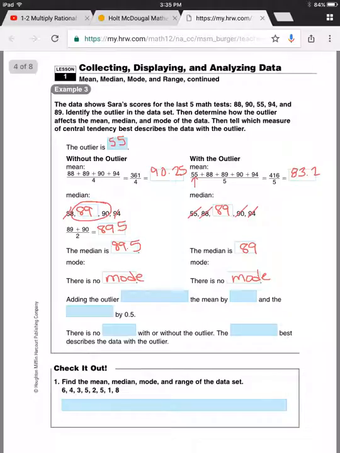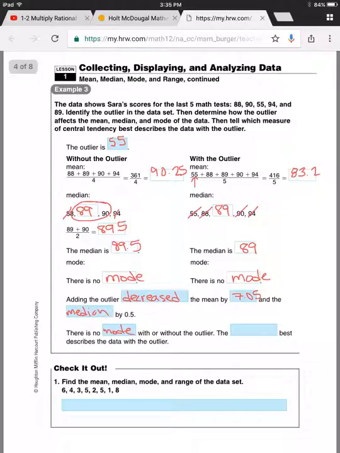So adding the outlier decreased the mean by 7.05 and the median by 0.5. There is no mode with or without the outlier.